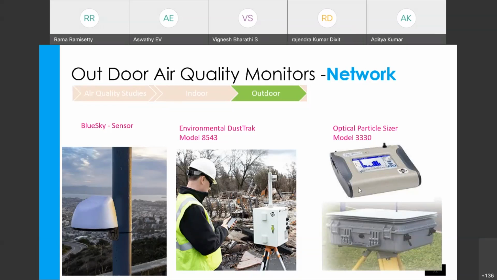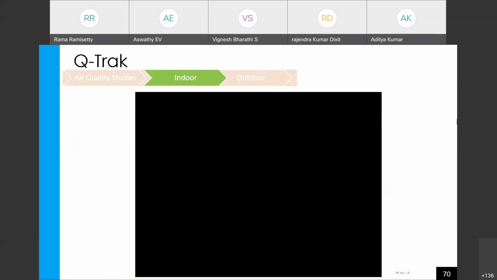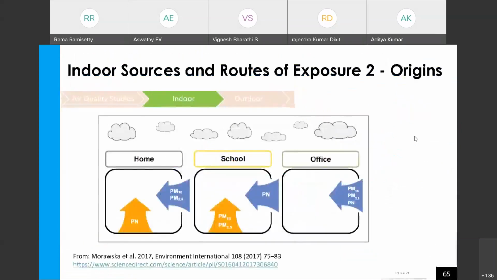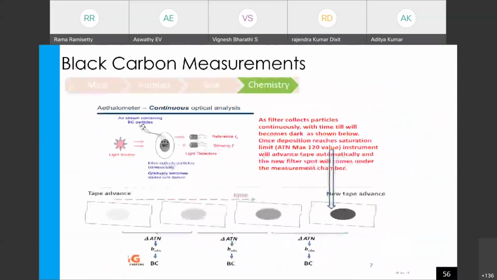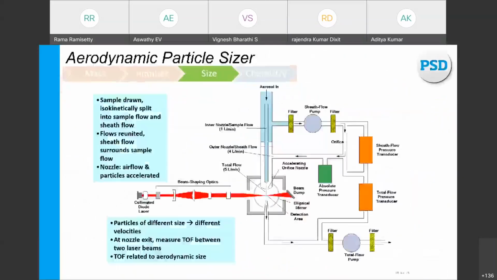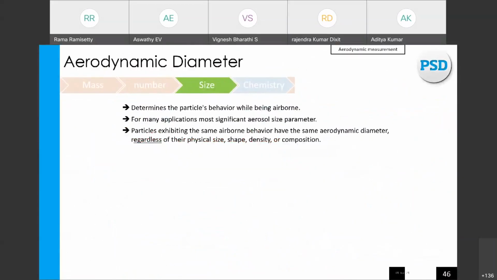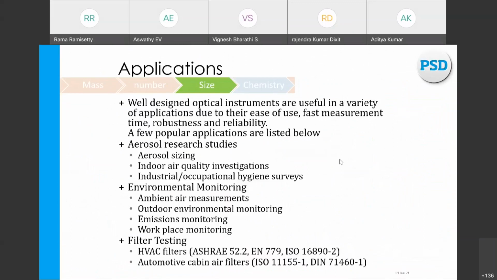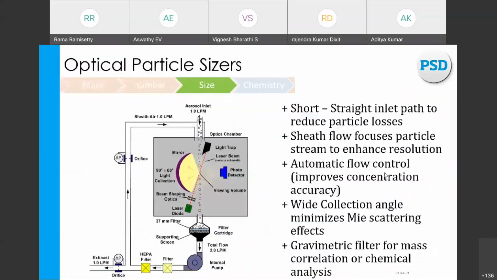But what is happening in India is that the CPCB, as per the regulations, has to use BAM or TEOM methods or gravimetric methods, which I showed you in the beginning of my presentation. Those always overestimate the PM values because they don't take humidity into account.